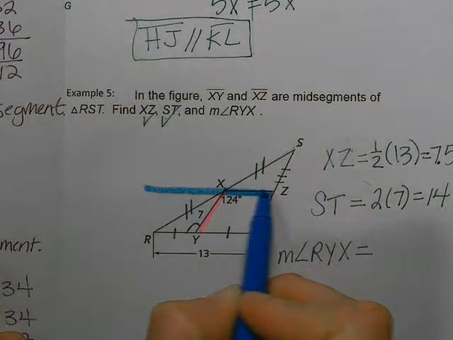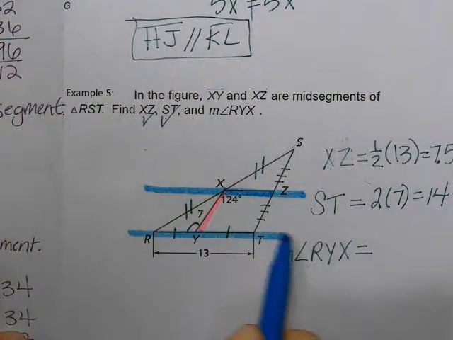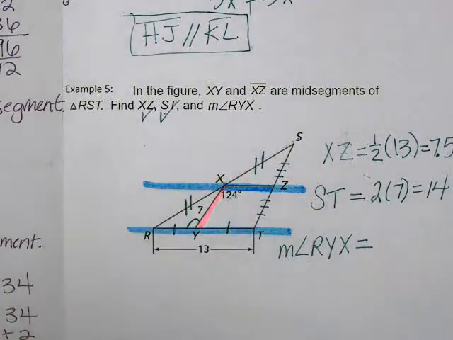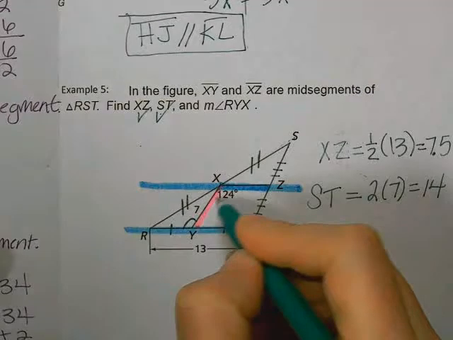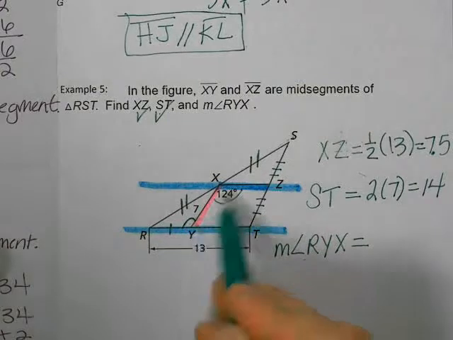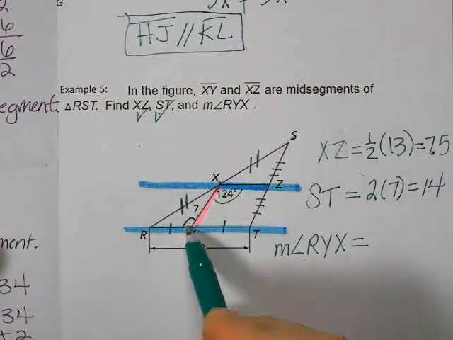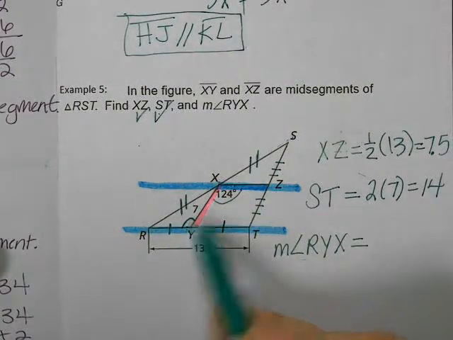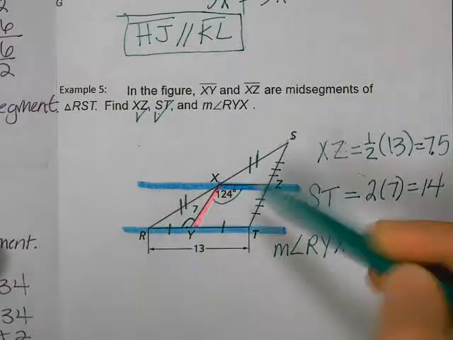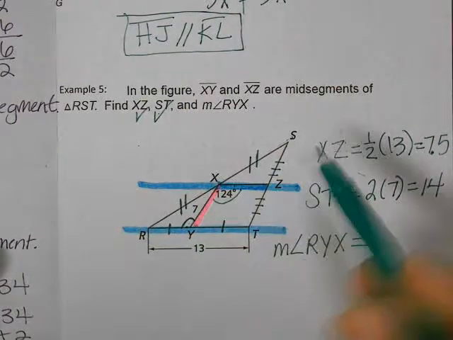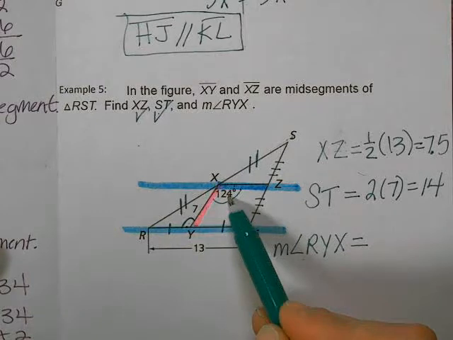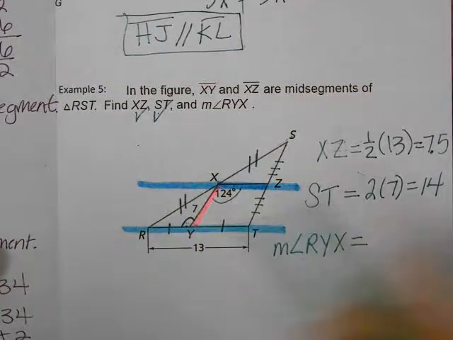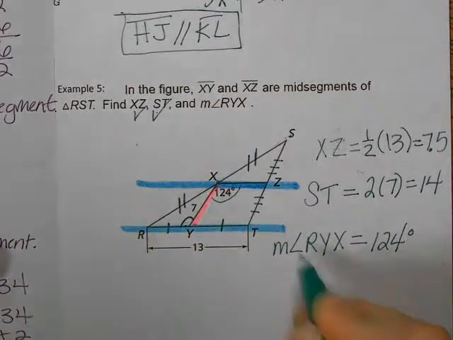So I know that XZ is going to be parallel to RT. You all agree? So what kind of angles are these two angles right here? Remember, they're alternate interior because they alternate over the line and they're in between the two parallel lines. So if this angle is 124, then this angle is also 124.